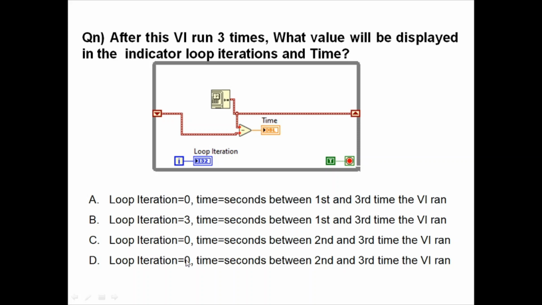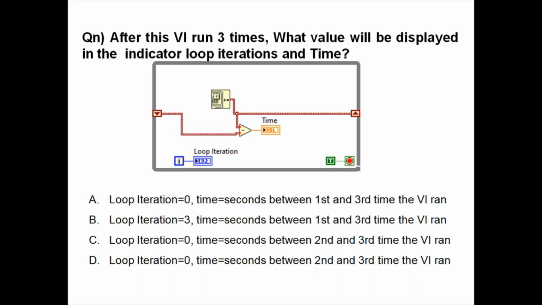So we have 3 options, but which one is the correct answer in terms of time difference? Let's assume that since it is an initialized shift register, the first time it will be subtracted from the Get Date/Time in Seconds, the current PC time, by 0, then it will update it. At the same time, the same value is passed to the shift register output also.